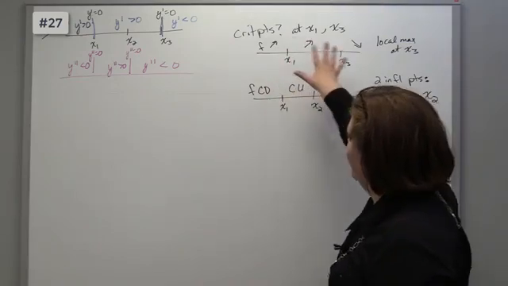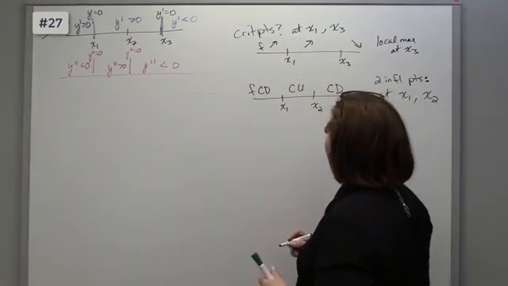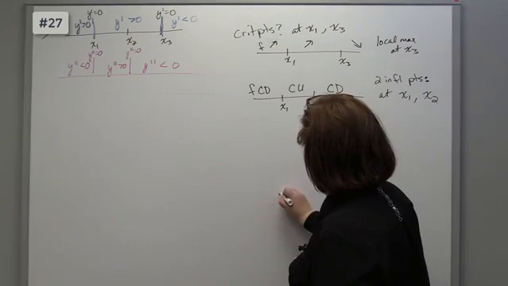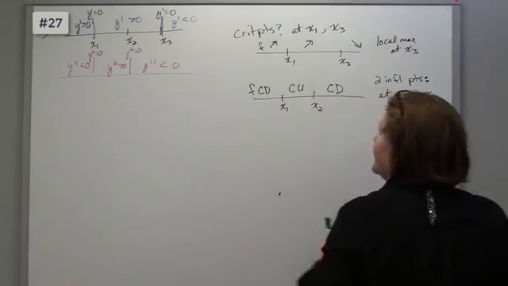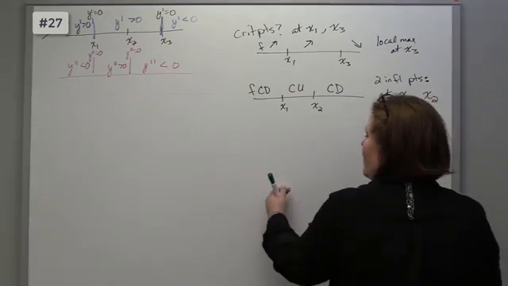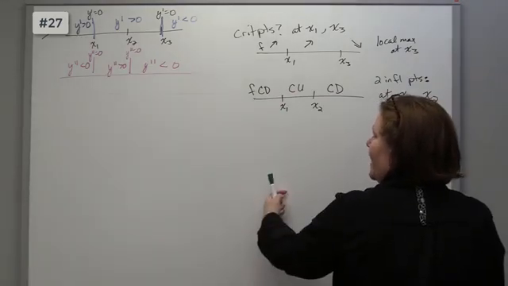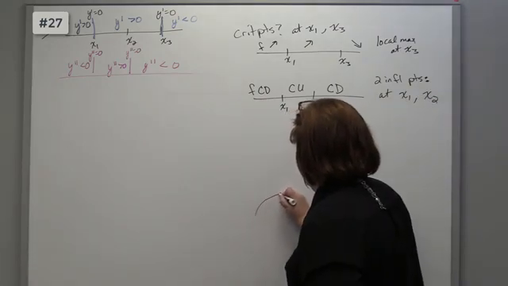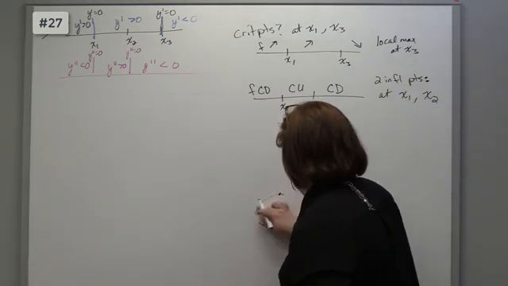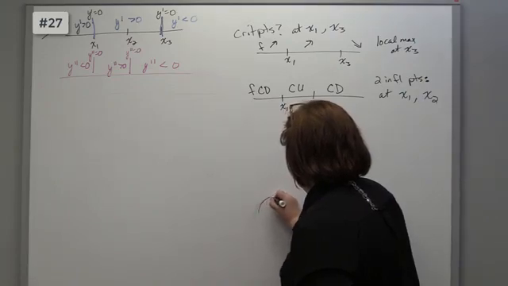And so pulling all of this information together, I have an x1 where we're concave down. We're always increasing before and after. And we're concave down, and then we're concave up. So that tells me I have a picture that's similar to x cubed at the origin.